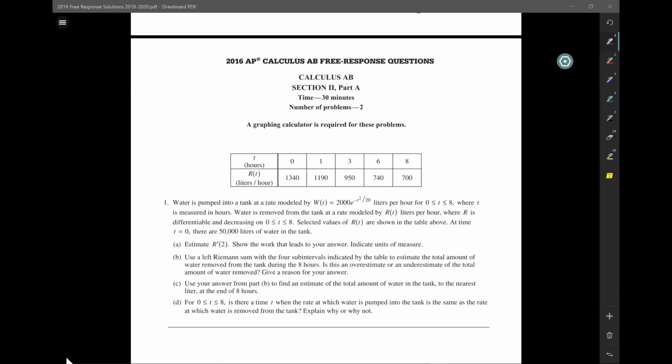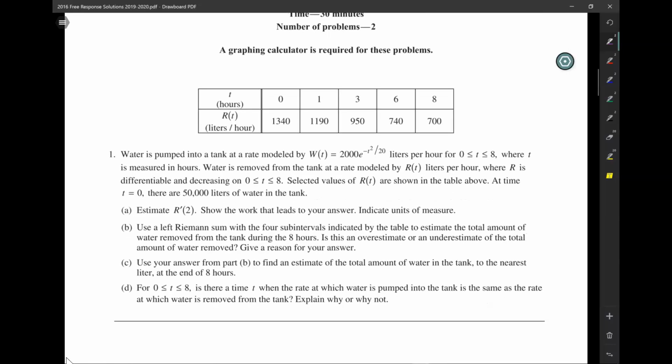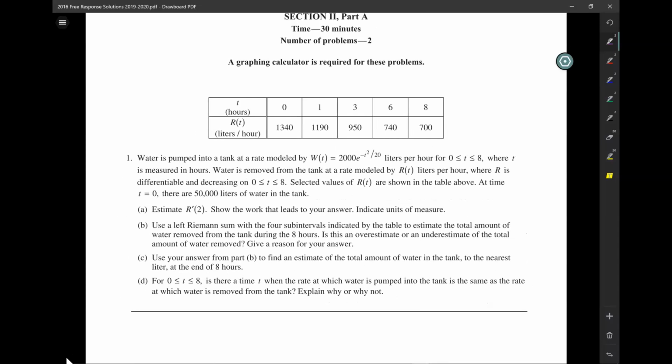The first one, again, it's a rate problem. Water is pumped into a tank at a rate modeled by W of t. Water is removed from the tank at a rate modeled by R of t.